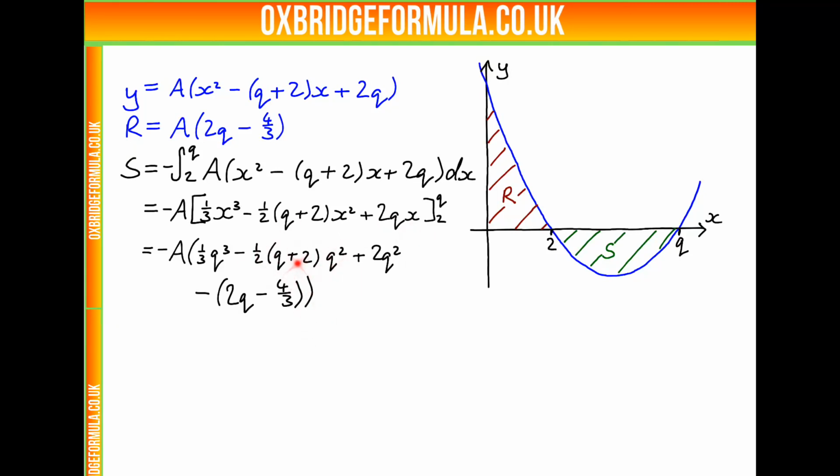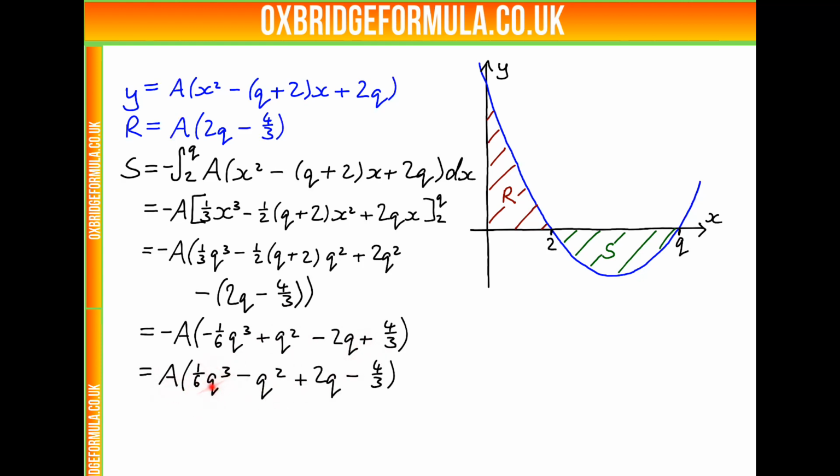If you expand out all of the brackets and collect the terms, we can see that this is equal to minus a times (minus a 6th q cubed plus q squared minus 2q plus 4 thirds). So if we bring that factor of minus 1 inside the brackets, we get a times (a 6th q cubed minus q squared plus 2q minus 4 thirds). So this is the area of region S in terms of q.